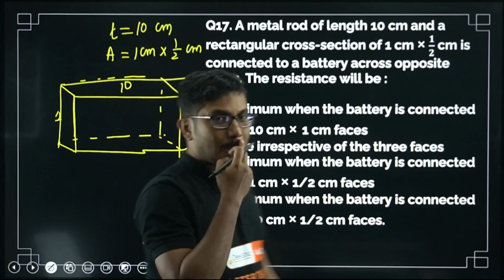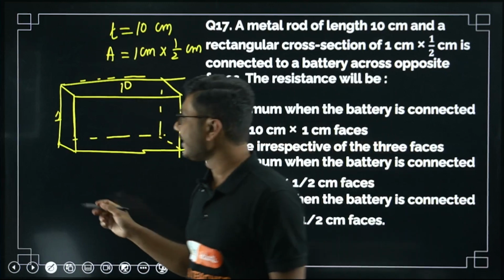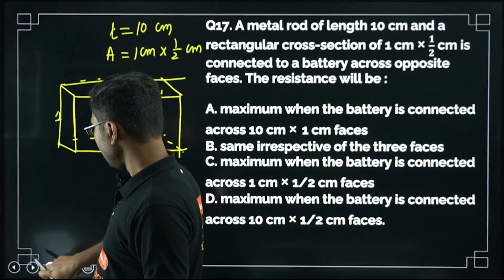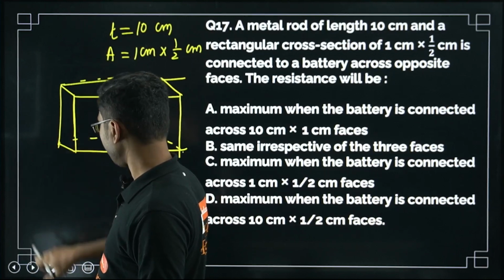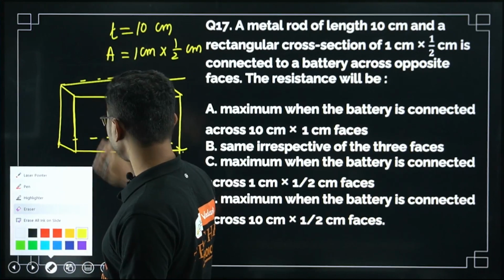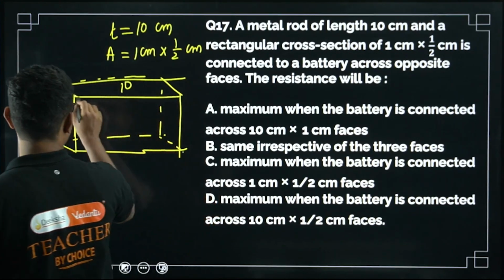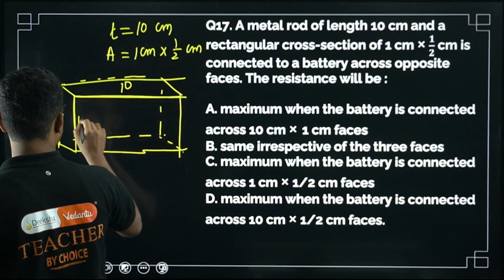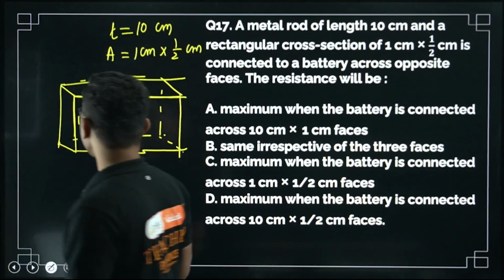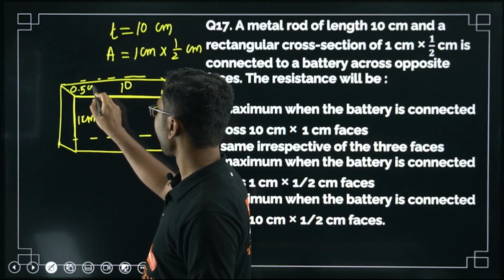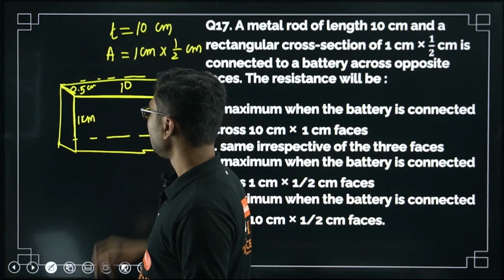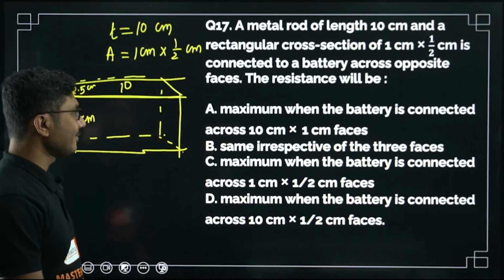So this is the rod through which the current is trying to pass. Okay, so what are all the values? This is 10 centimeter, the length; this is 1 centimeter, and this distance is half centimeter. Now let's see what they have said.